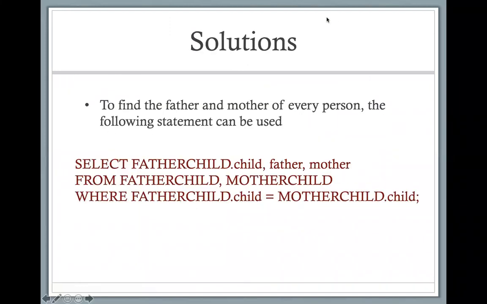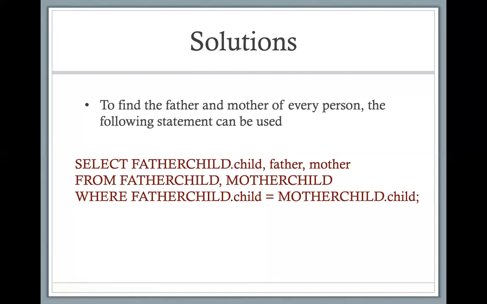Here it is. So I do the following. Select, I want father child dot child. So basically pick the child from one of the two tables, from father child, comma mother child, where father child dot child is equal to mother child dot child. So the condition is that the child is the same in both tables.